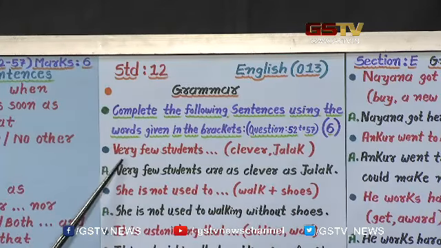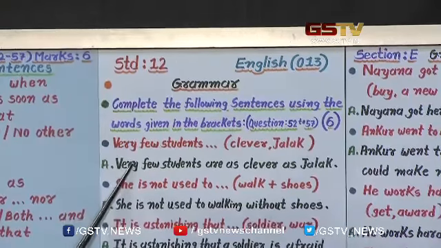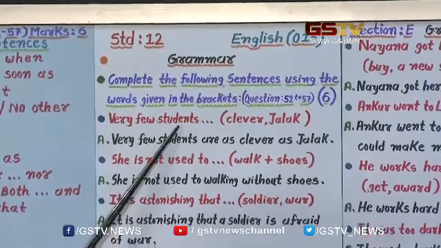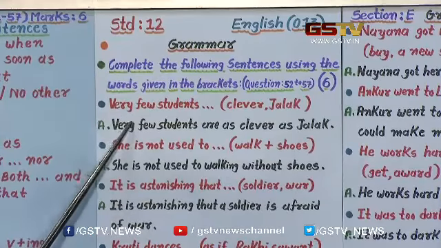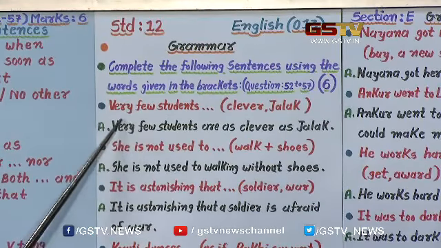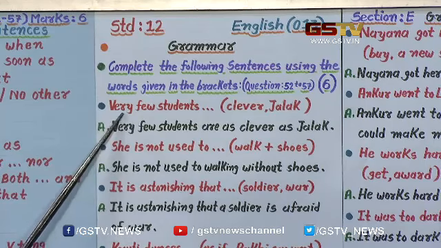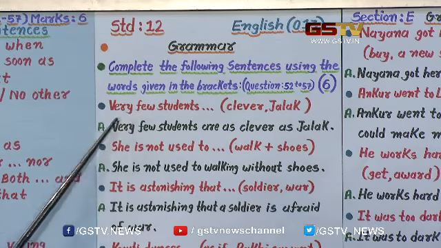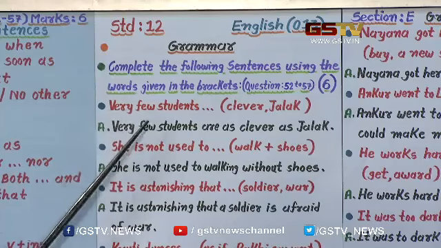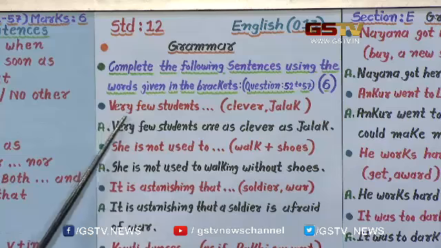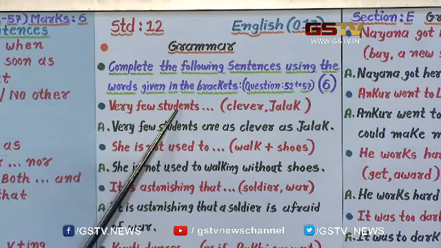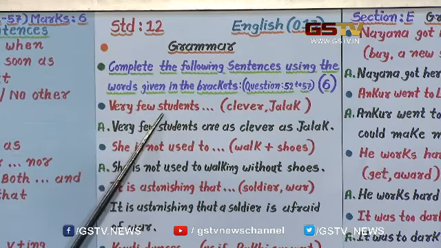Now, which type of sentences might be there? Very few students. Now see, focus. How will you recognize which type of structure this is? Which type of sentence is this? How will you complete it? After seeing the words "very few", the thought should occur in your mind that the sentence is of degree, positive degree, plural form.